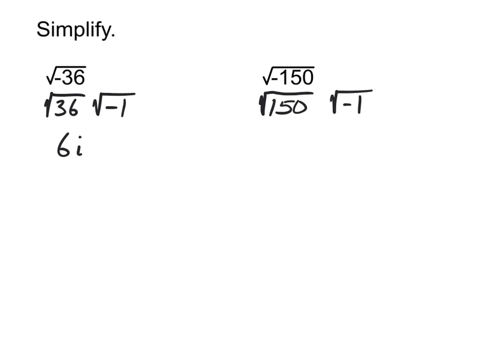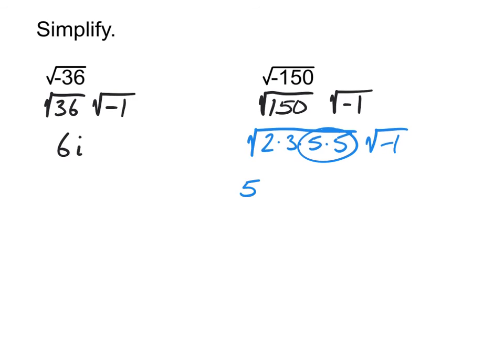Now, if you did this using the factor tree method, then your 150 would become 2 times 3 times 5 times 5. And then you just have one pair here that comes out.